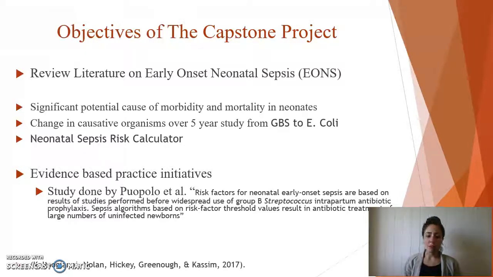They found that the risk factor threshold values are resulting in large amounts of uninfected, well babies being treated with antibiotics.